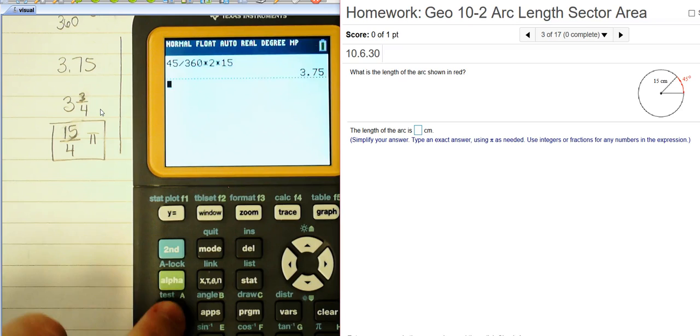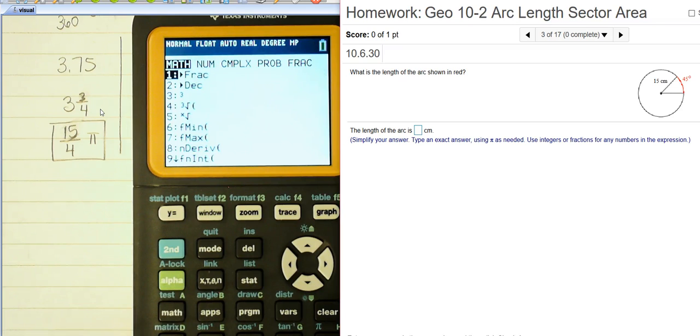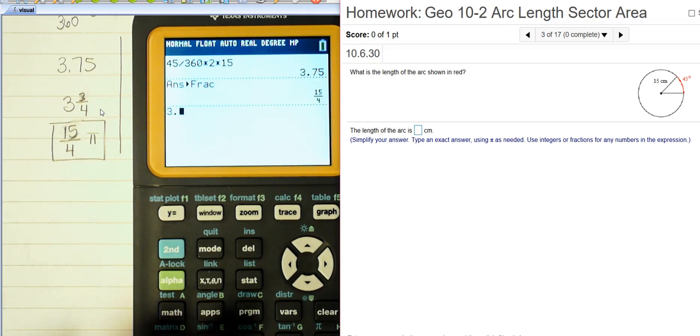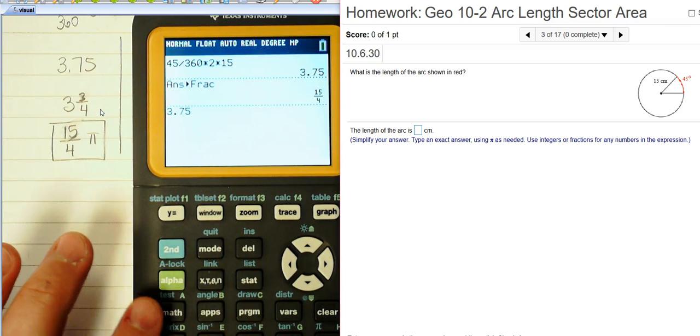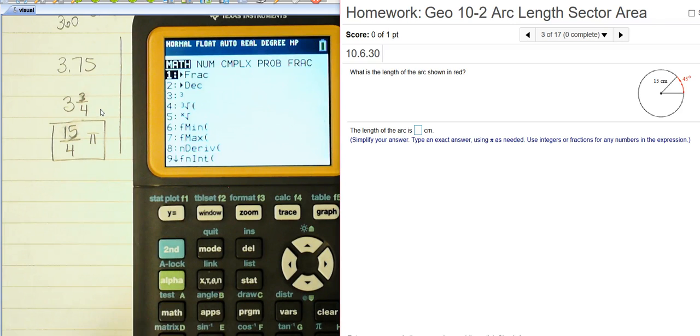Hit Math, and then the very first thing that pops up, FRAC for fraction, you just hit the enter button down in the right corner twice, and that'll give you the 15/4 right there. So again, I had that 3.75, you just hit your math button, and then you just hit enter twice, it'll give you the 15/4.